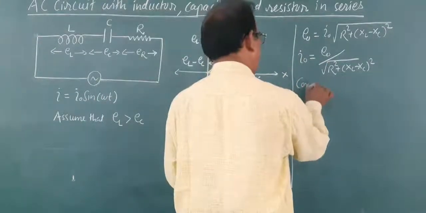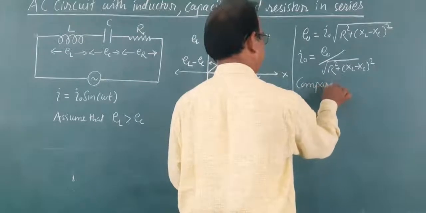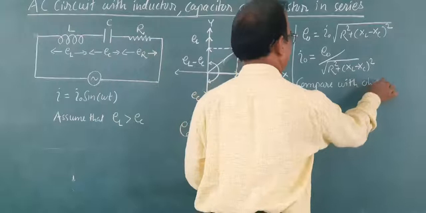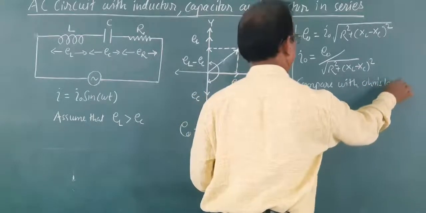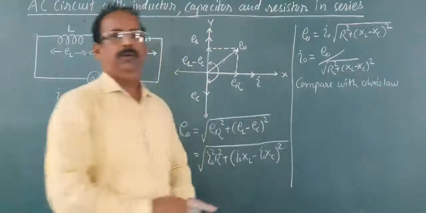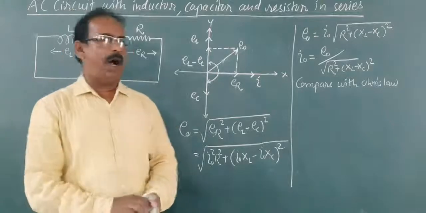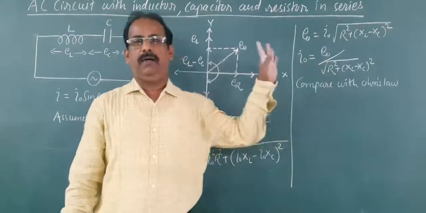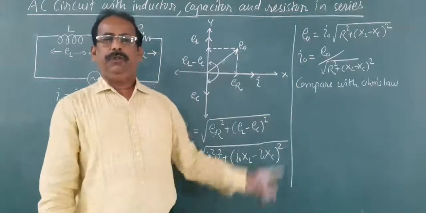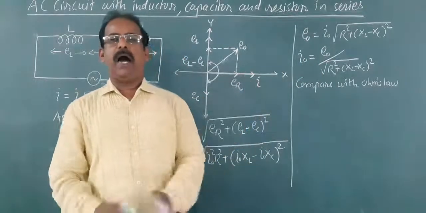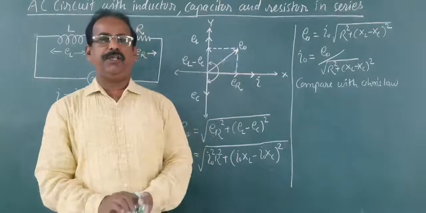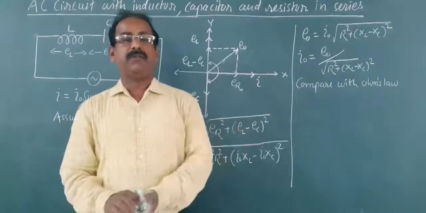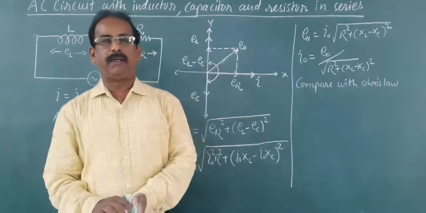Compare with Ohm's law here. By Ohm's law, I0 is E0 upon R. Here, in place of resistance R, there is a quantity root of R square plus (XL minus XC) bracket square.